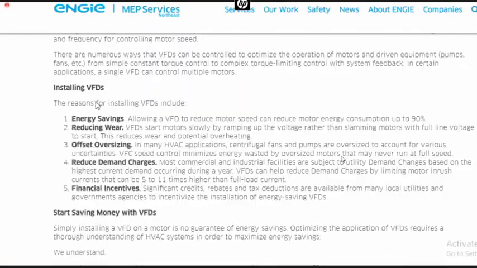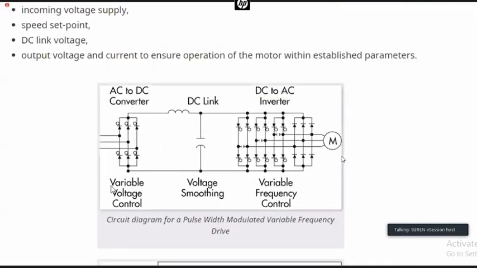You can see that we have summarized these advantageous features of using VFD or ASD in AC motor drives. And this is the circuit we are talking about. Initially you do some rectification, and after doing rectification, you can change the frequency to any value, not necessarily 50 hertz or 60 hertz.